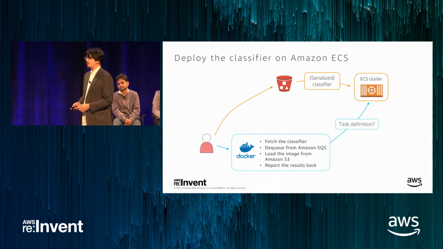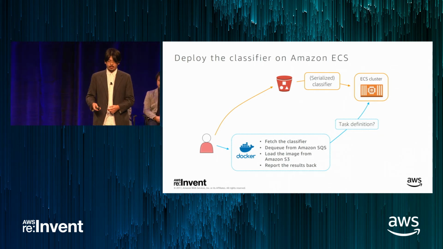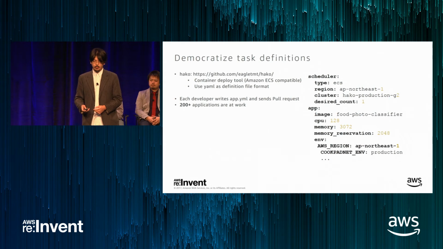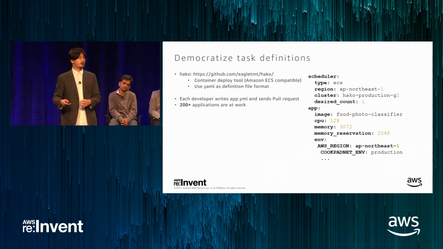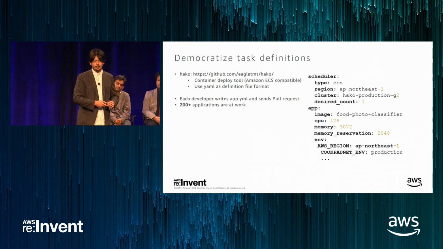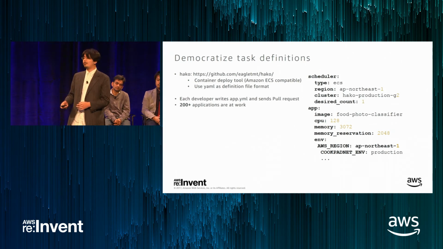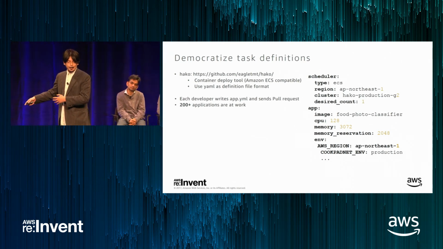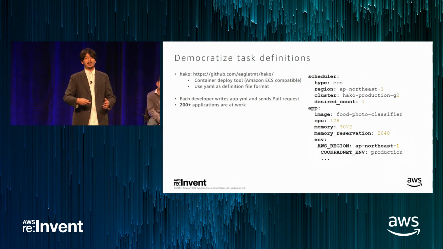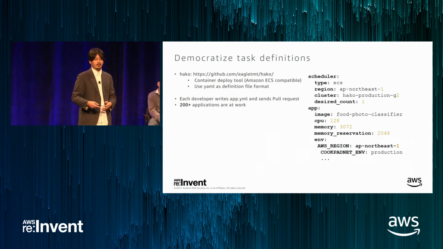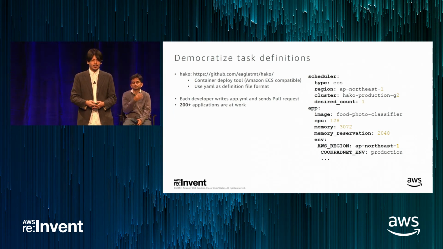Also, when we use ECS, we need a task definition, of course. For ECS task definitions, we wanted to make them easy to manage and easy to write, so that each developer can write them for their own applications and communicate with the SRE team, for example.